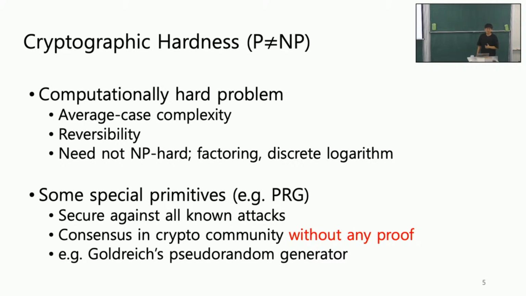It is kind of strange, but it is reasonable, because if we could construct a pseudo-random generator without any assumptions, then we could show that P is not equal to NP. As an example, there is Goldreich's random generator from expander graphs, and let's see it on the next slide.